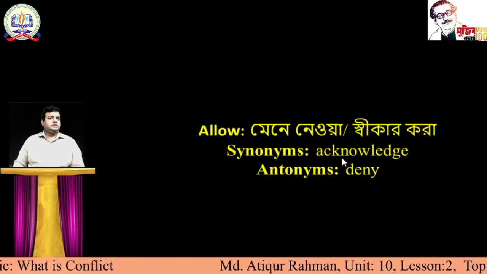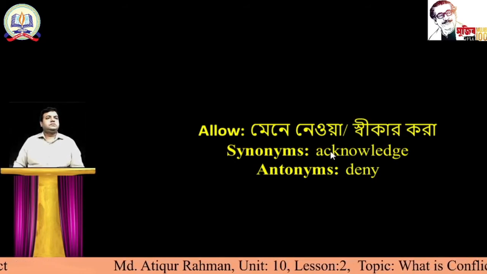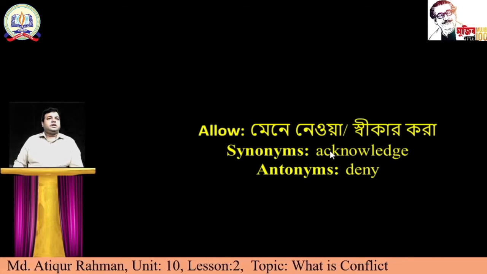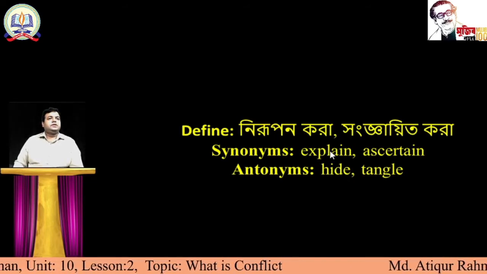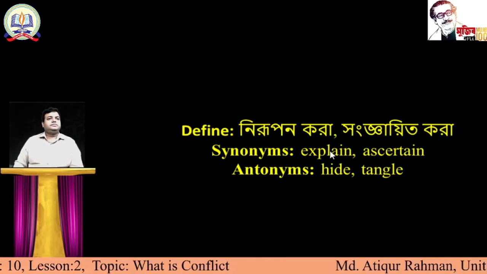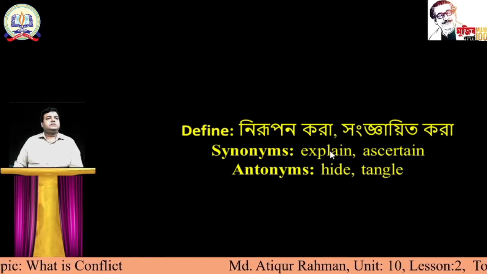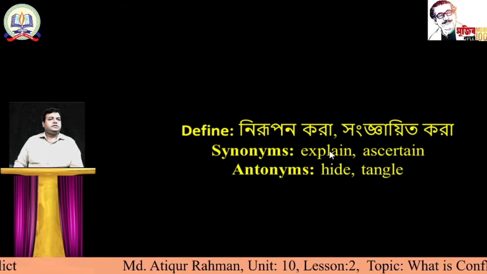Allow means মেনে নেওয়া বা স্বীকার করা. Synonyms are acknowledge, antonym is deny. Define means নিরূপণ করা, সংজ্ঞায়িত করা. Its synonym is explain. Ascertain is another synonym of it. Antonyms are hide, tangle.